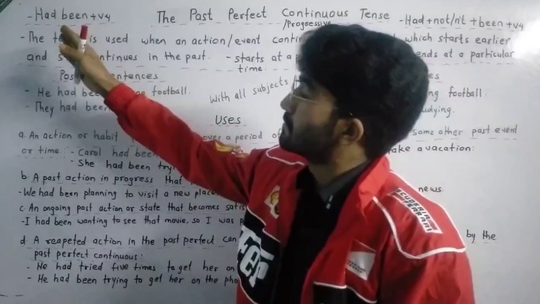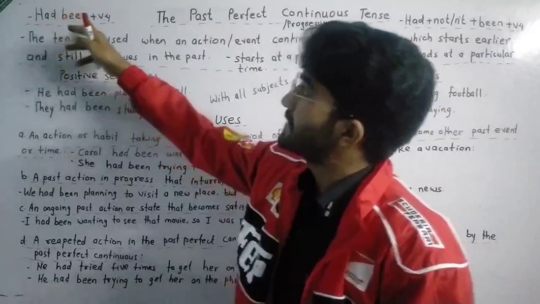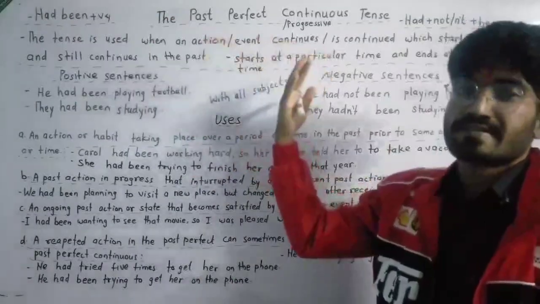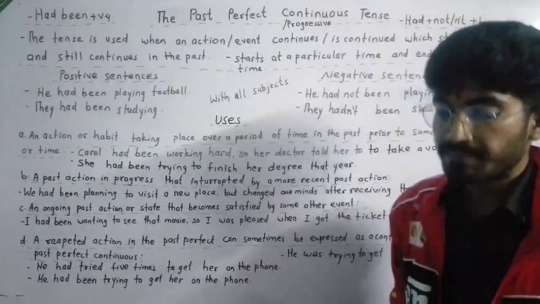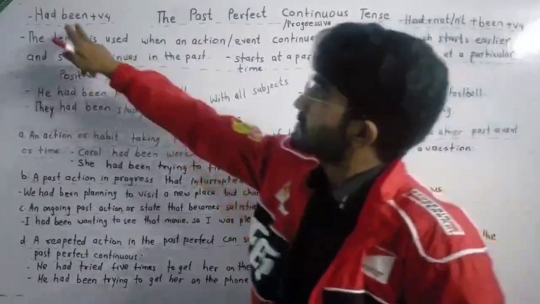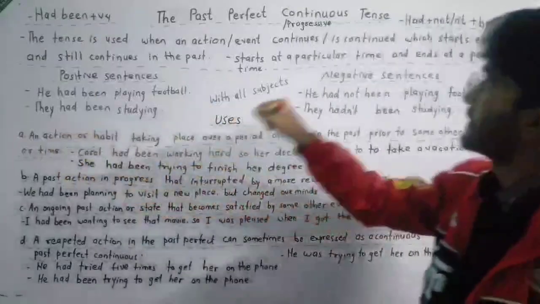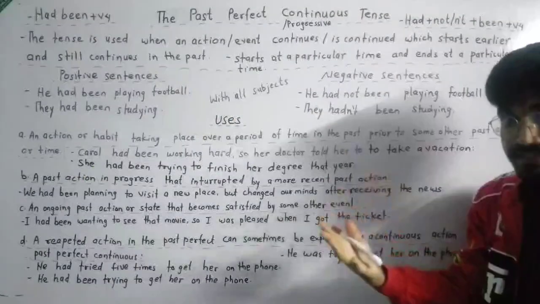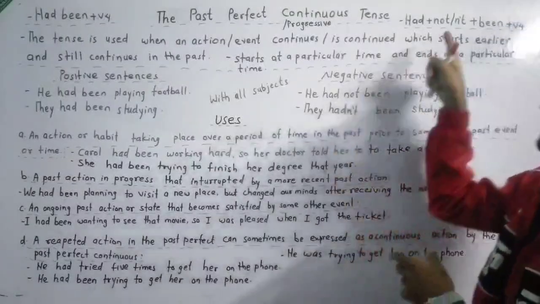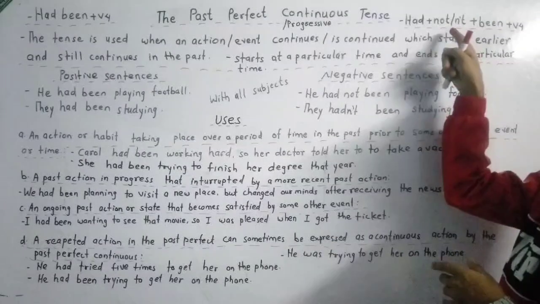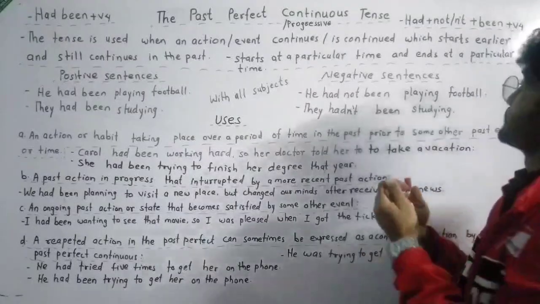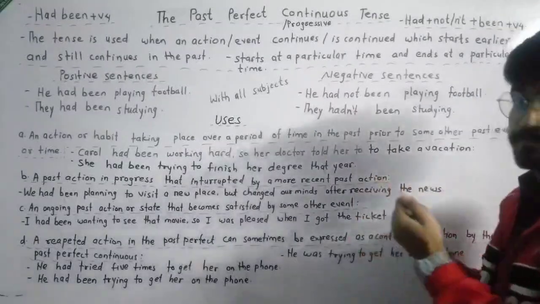There might be subject plus had been plus verb form plus objects, and then other words to complete a sentence or make it meaningful. These two helping verbs we use, and then while changing into negative, we add not or n't.